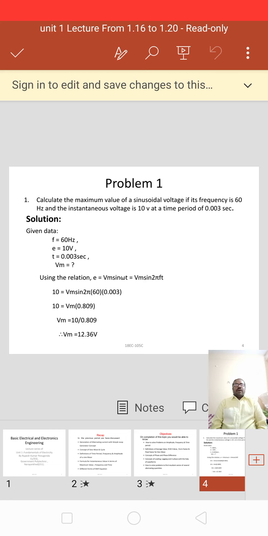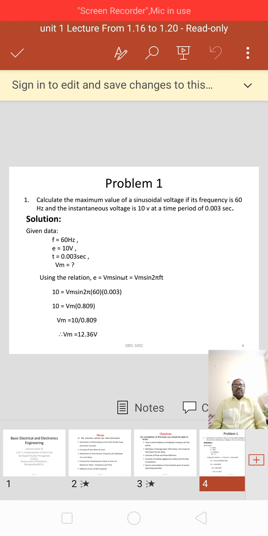From the given problem, we can take the given data that frequency f is 60 Hz, instantaneous voltage e, or capital V, equals 10 volts, and time period t equals 0.003 seconds. We want to find the maximum value of sinusoidal voltage, that is Vm equal to how much.